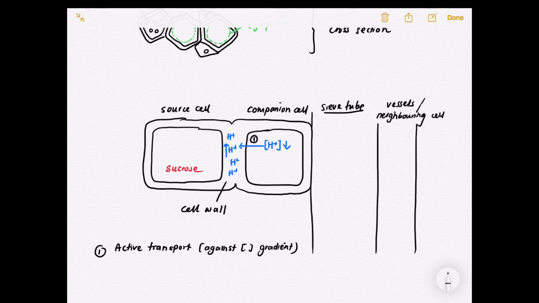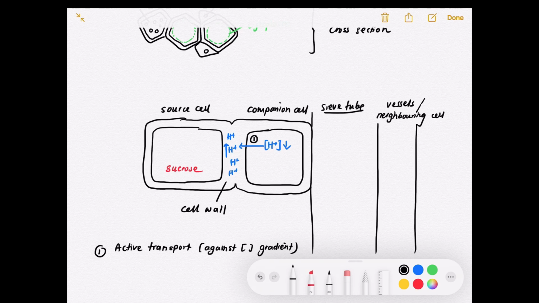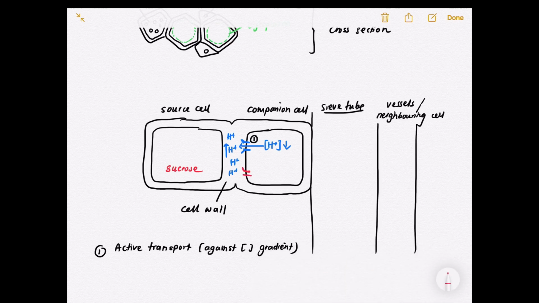Then step 2. Once the H+ is accumulated in the cell wall, how does the H+ move down its gradient? You should be able to identify now that on the membrane here, you have a carrier protein. On the other side, you have another carrier protein. But this carrier protein is not an active transport.